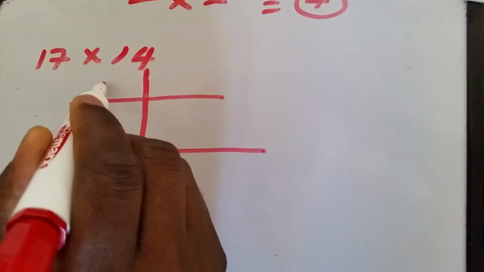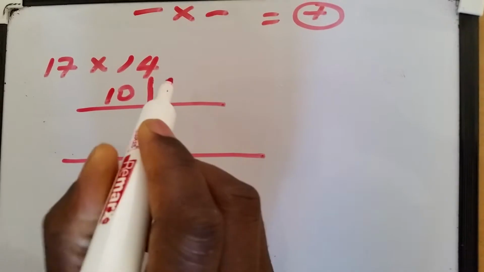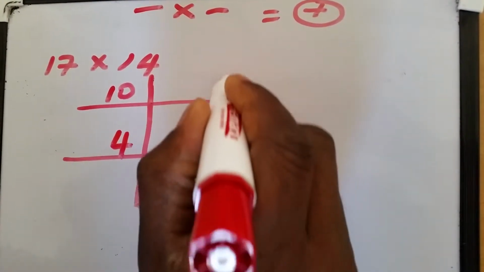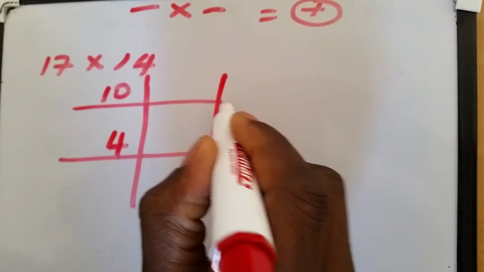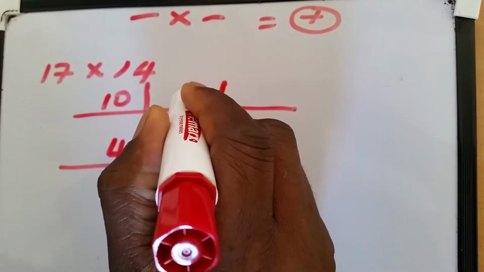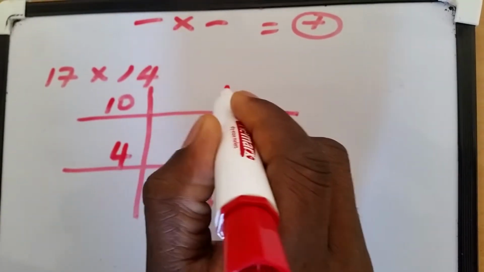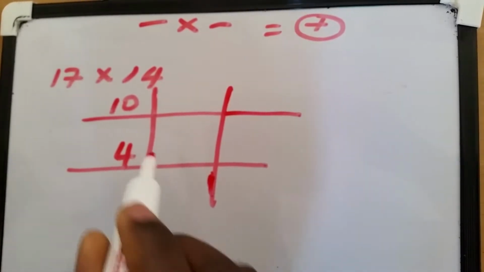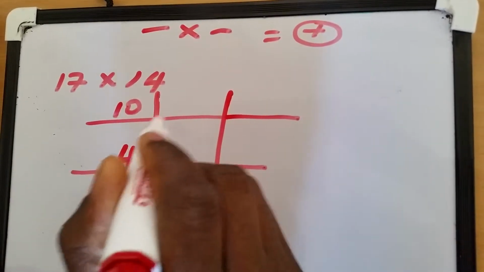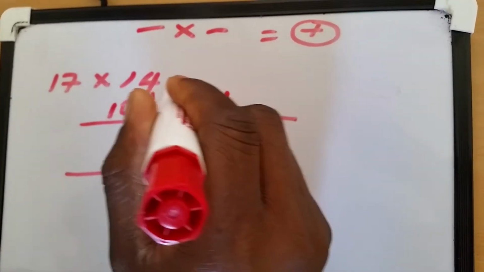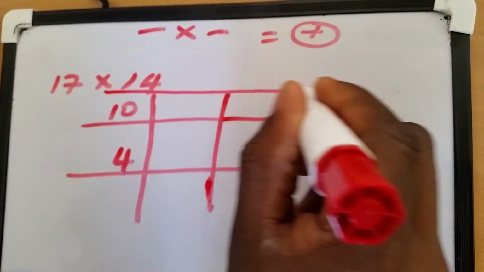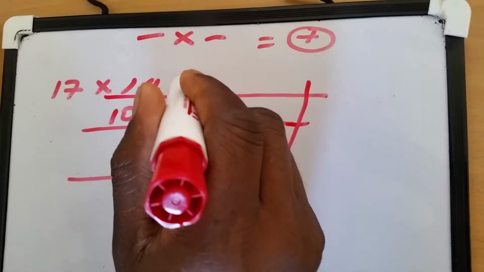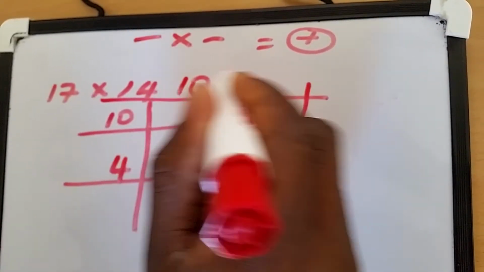So this is my 10, and this is my 4, and then the 10 here and the 7.